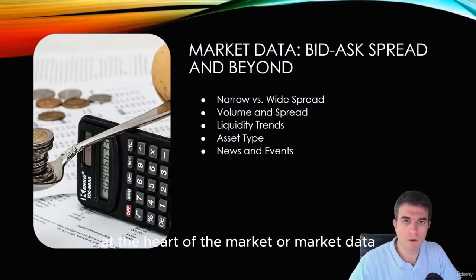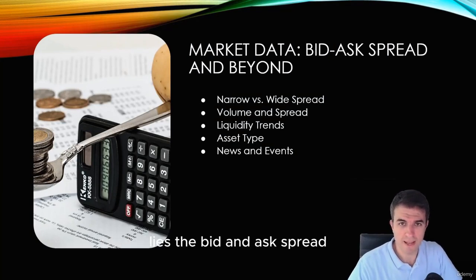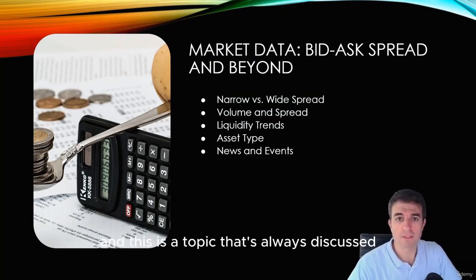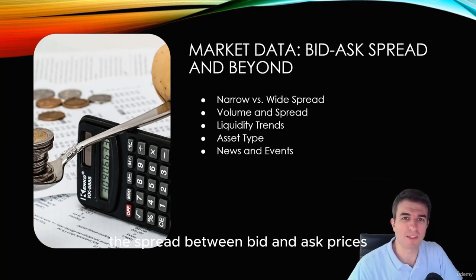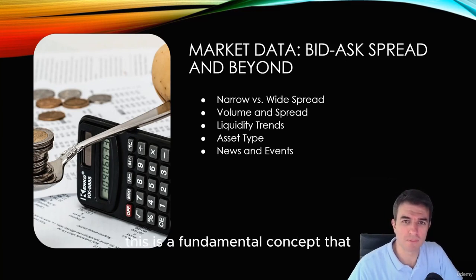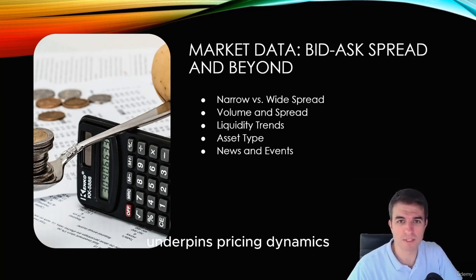At the heart of the market or market data lies the bid and ask spread. And this is a topic that's always discussed even on my YouTube channel, like how do we take into account the spread between bid and ask prices? This is a fundamental concept that underpins pricing dynamics.